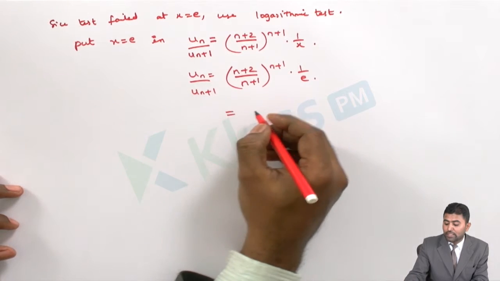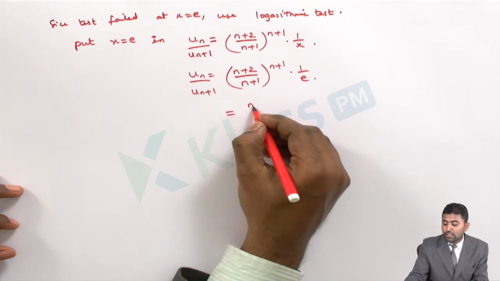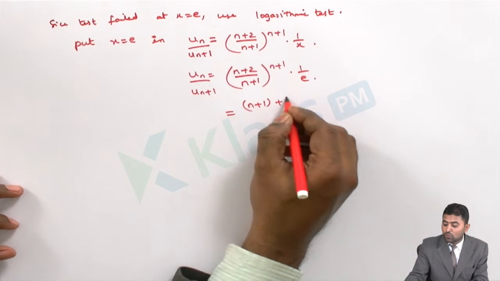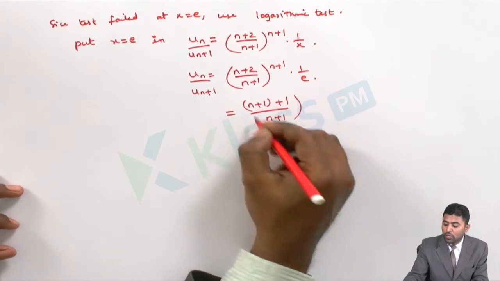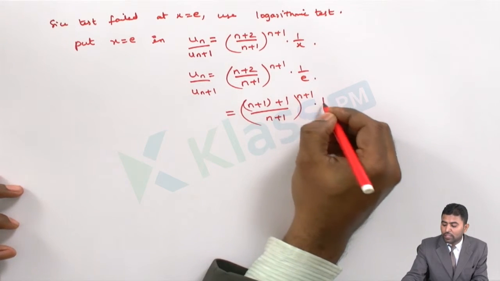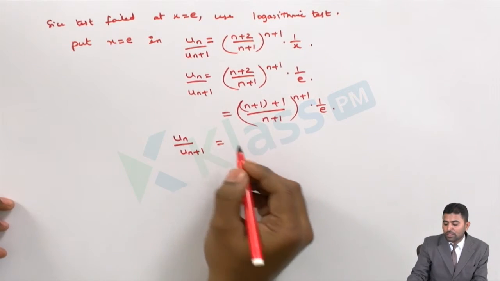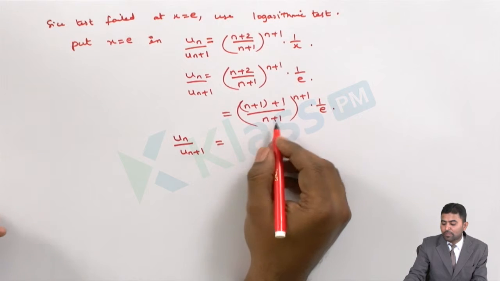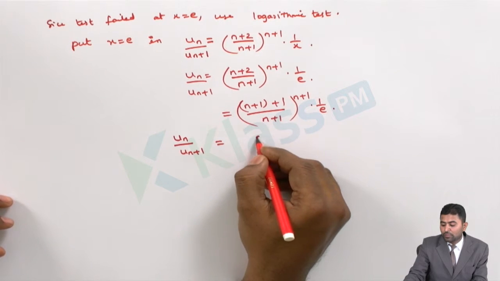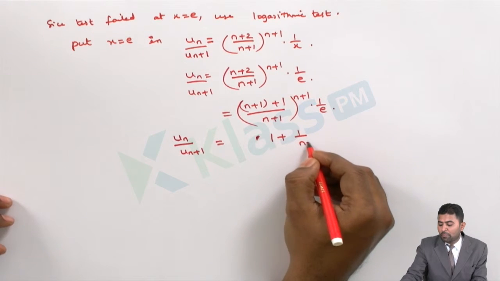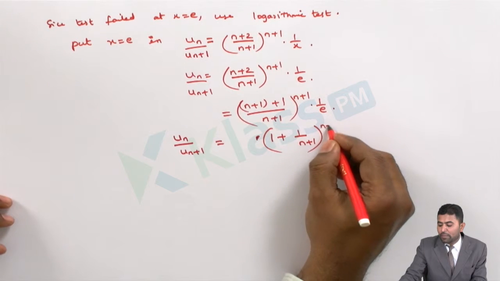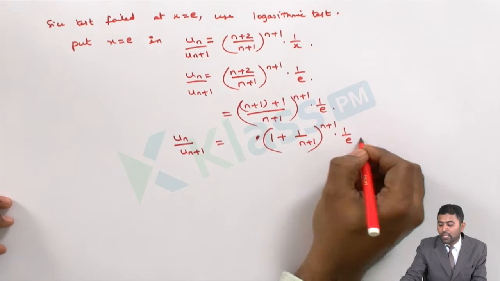So I can write this as n plus 1 by n plus 1 whole power n plus 1 into 1 by e. So un by un plus 1 is equal to 1 plus 1 by n plus 1 whole power n plus 1 into 1 by e.